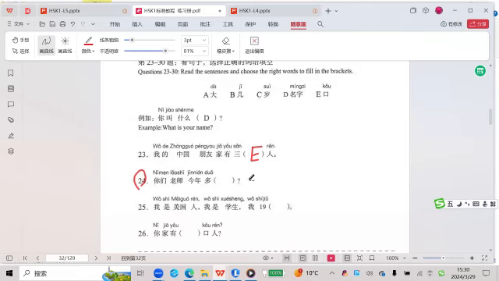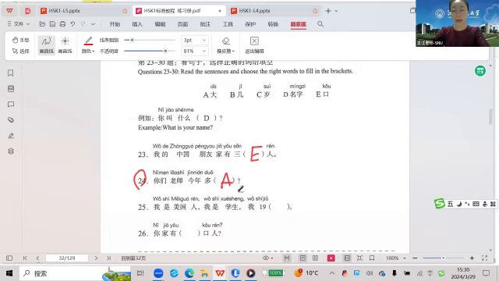A, 多大. 多大 is used to ask about people's age. 多大 means how old. 你们老师今年多大？ How old is your teacher this year?